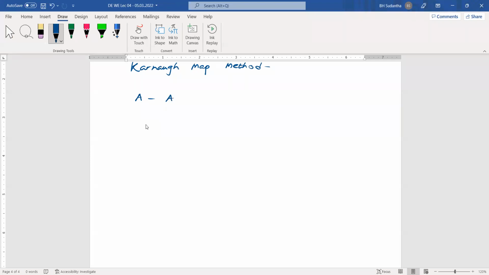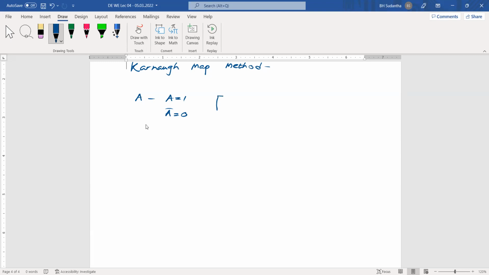One is A, the other one is A bar. This may be 1 and this may be 0. It has two forms, two states like that. Then in the Karnaugh method, it's very simple. A graphical representation is there to show these two states.